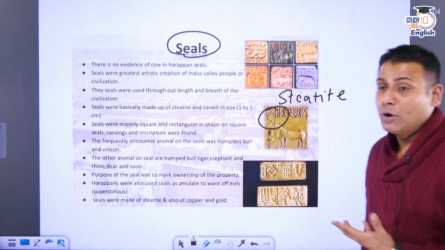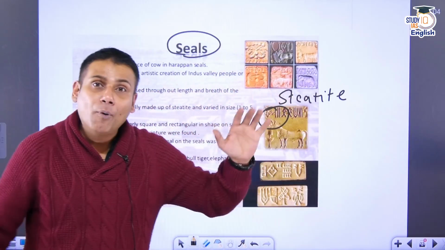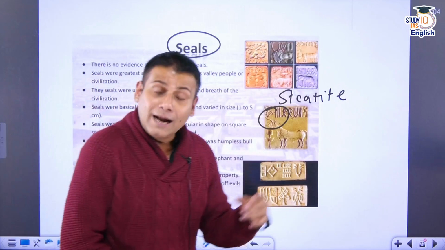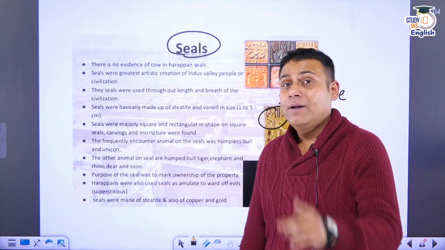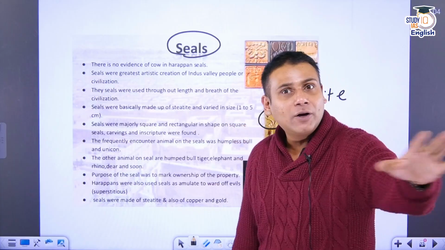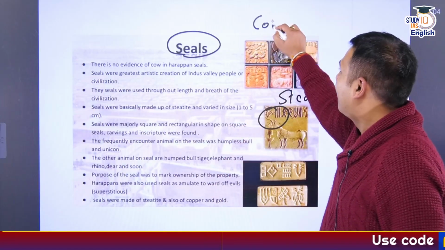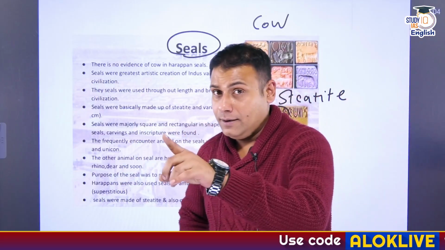Another is the humpless bull, a bull without a hump on its back. But there's one animal that is not depicted on Indus Valley seals, and that was the cow. It doesn't mean that the cow wasn't domesticated.